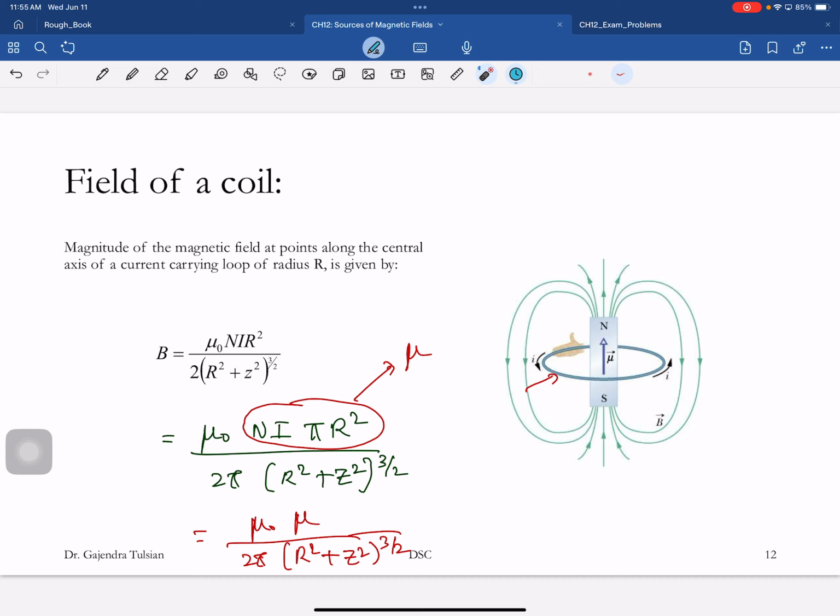What is this giving you? It's giving you the strength of the magnetic field along the axis from this electromagnet, whose strength is mu.